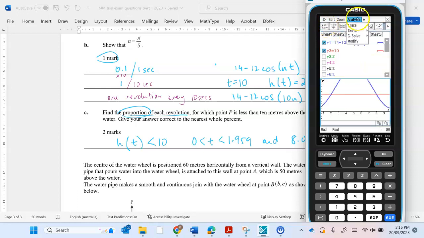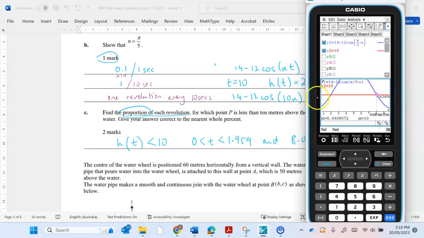Just going back here, I'll show you how you can do it this way. You can find the intersection this way. You can see there's your 1.95, and if we scroll across, you can see that other point, 8.04.